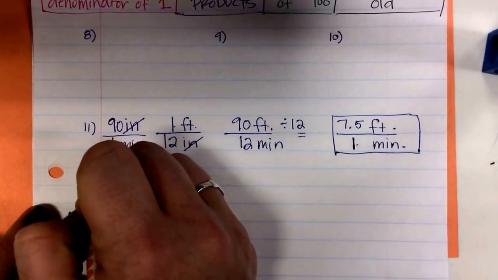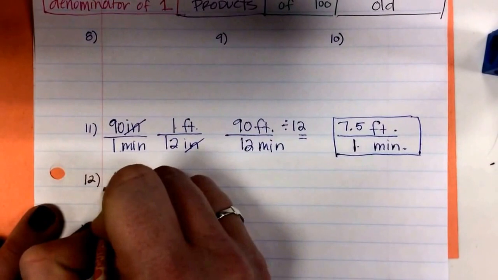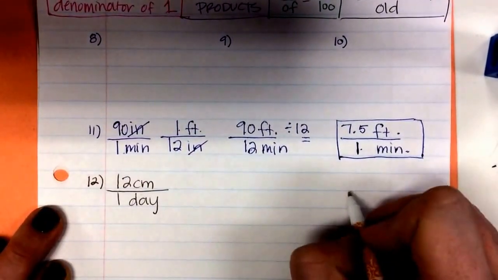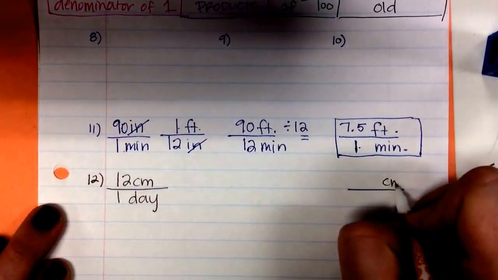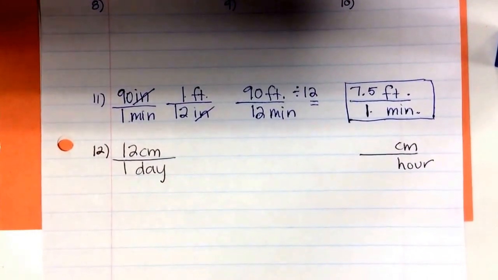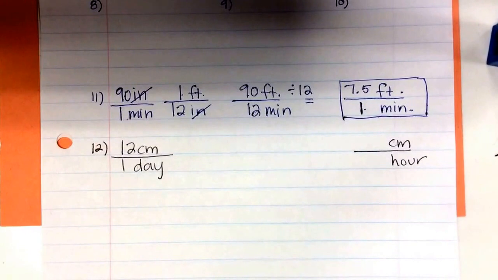Let's do number 12 together. 12 centimeters in 1 day. And I want to convert that to centimeters per hour. Does my numerator need to change?